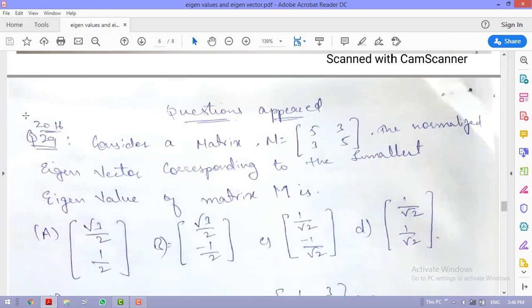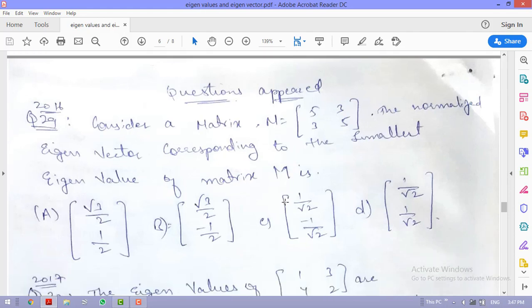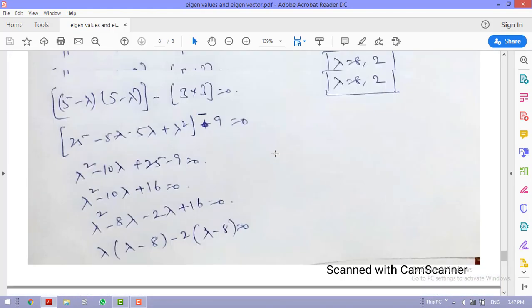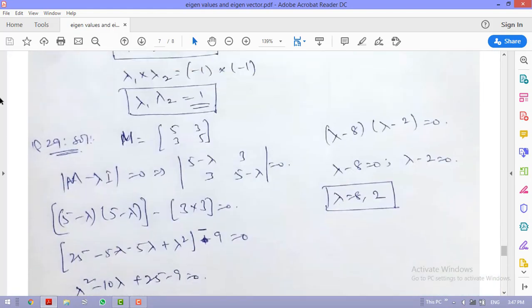Now let us take the first question. Consider a matrix M equal to 5, 3, 3, 5. The normalized eigenvector corresponding to the smallest eigenvalue of matrix M is. So here is the question, M equal to 5, 3, 3, 5.